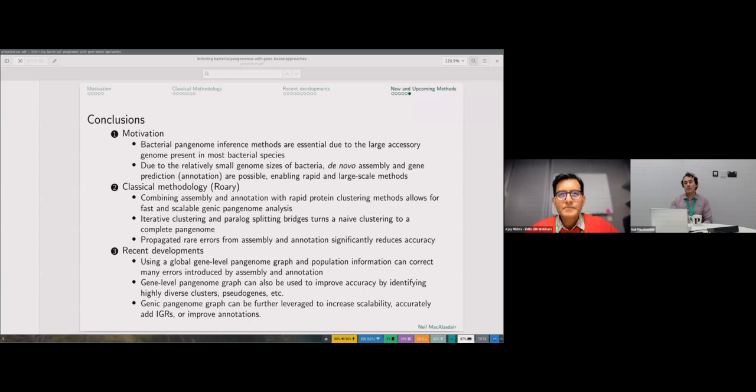Depending on your interest, some people do pangenome analysis because they want a tree. If your interest is, I want to run a pangenome analysis so I can get a core genome alignment, so I can get a tree, Roary is probably accurate enough for your purposes.